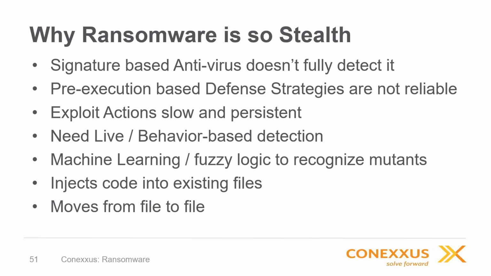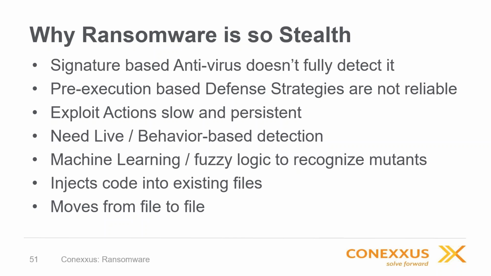You have to watch for actions that are slow and persistent, and all newer ransomware basically avoids detection by operating slowly and making multiple attempts and working across your systems in a way that has been specifically designed to avoid many of the antivirus and anti-malware tools that are out there. So you've got to have tools that look for the behavior of the program and not just a signature, some pattern or piece of the file that it can rely on to try to identify it.